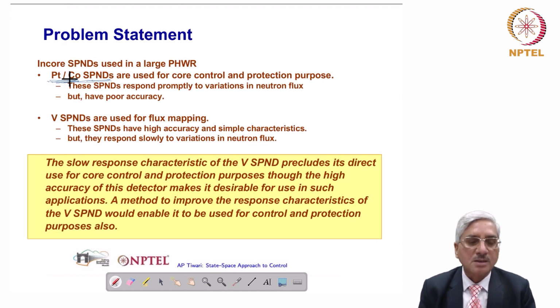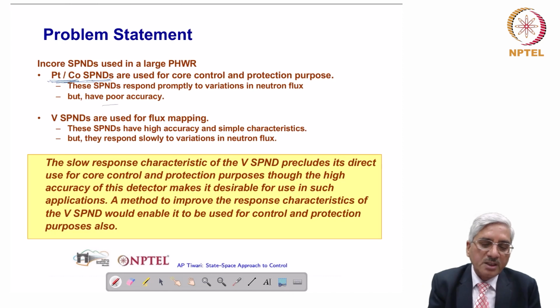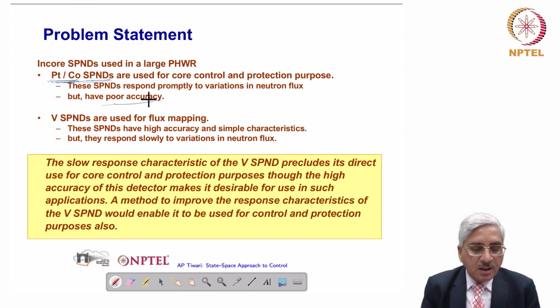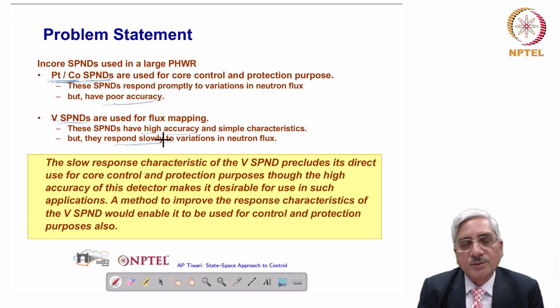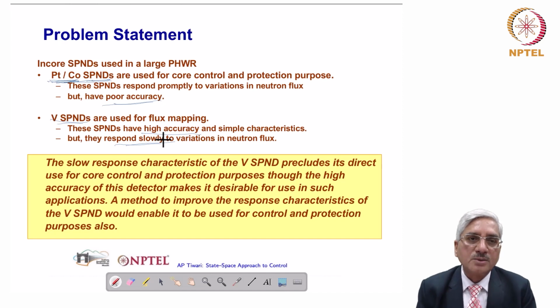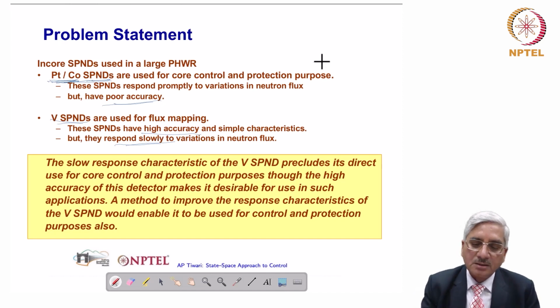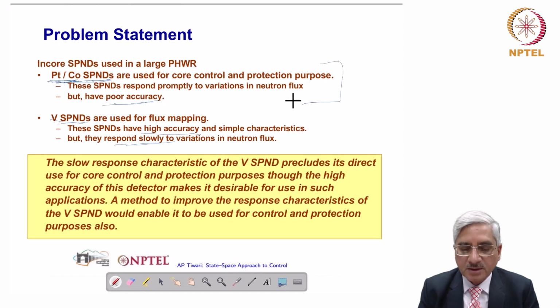Almost instantaneous they are. However, they have very poor accuracy. The vanadium self-power neutron detectors are highly accurate. However, they respond slowly to variations in neutron flux. Now, in typical instrumentation, one requires accuracy and good response both. However, here this set of detectors have poor accuracy. This detector has poor response characteristic.